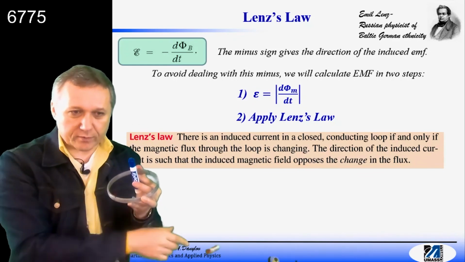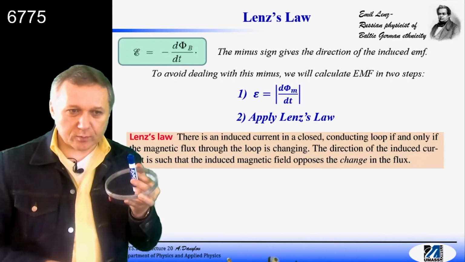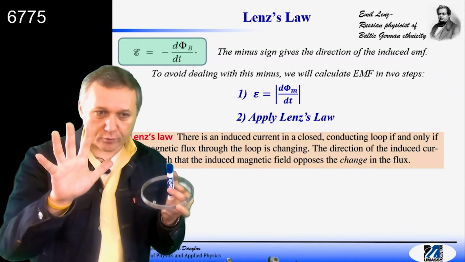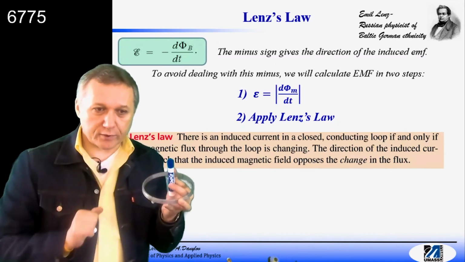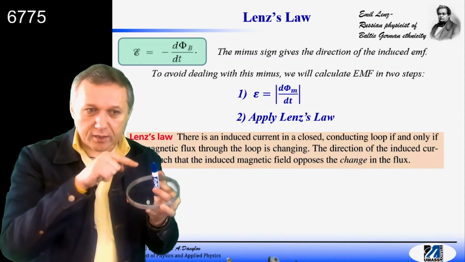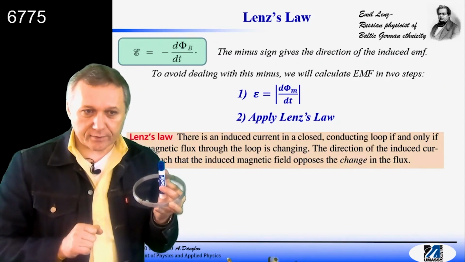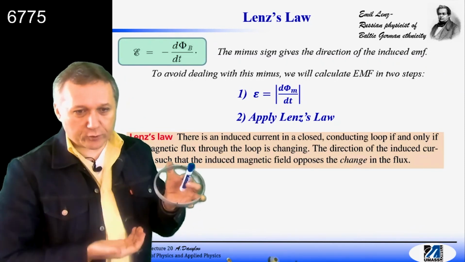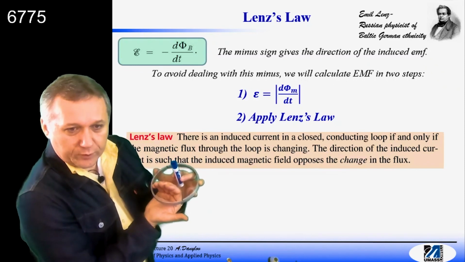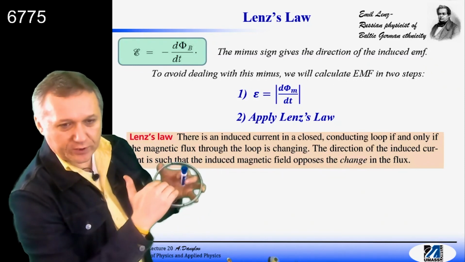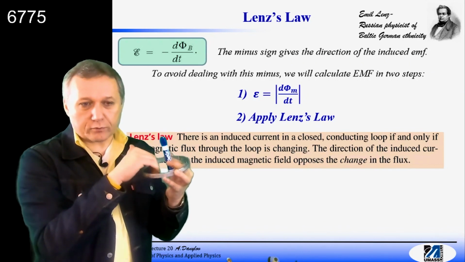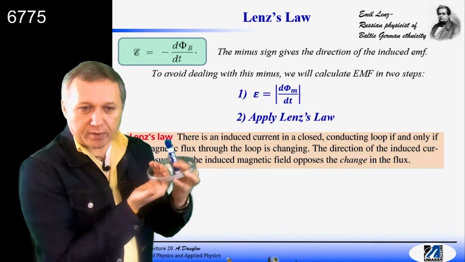Now the external one we can drop, we don't need it anymore. So once we know this direction, again, we can use the right-hand rule to find the direction of the induced current, because this induced current produced this induced magnetic field. So now you see the magnetic field that way, so I have to curl my fingers out of the loop like this. Because if I position my fingers like this, the direction will be wrong.